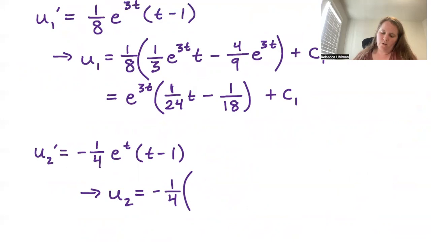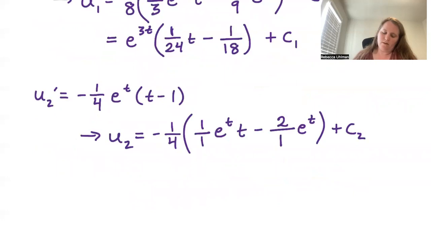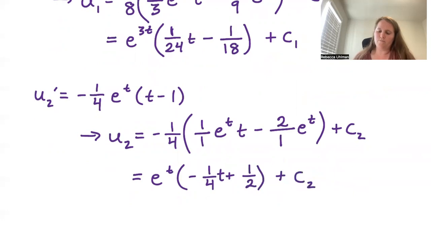So here alpha is 1, we just have 1 over 1 times e to the t times t, minus alpha plus 1, so 1 plus 1 is 2 over 1 squared, 1 times e to the t plus c2, otherwise known as e to the t times -1/4 t plus 1/2, all plus c2.